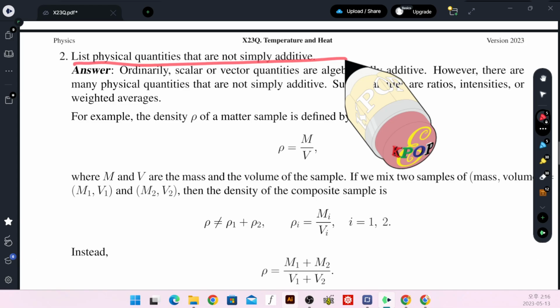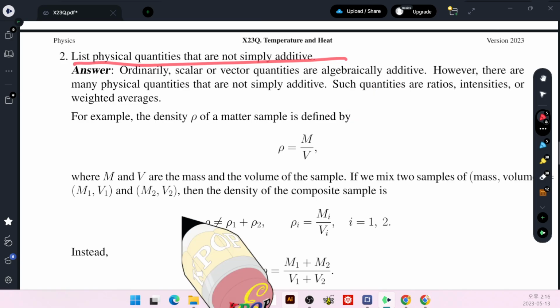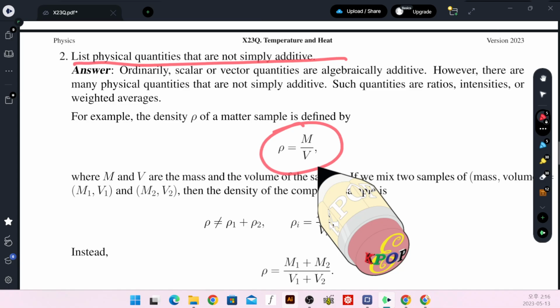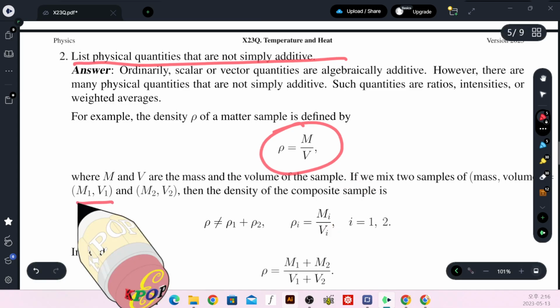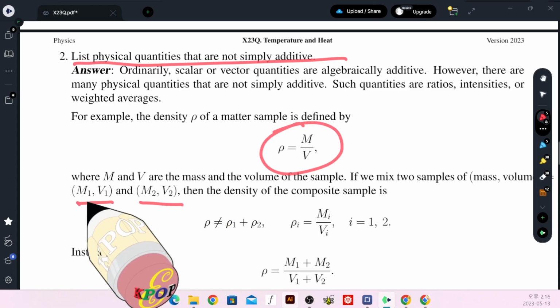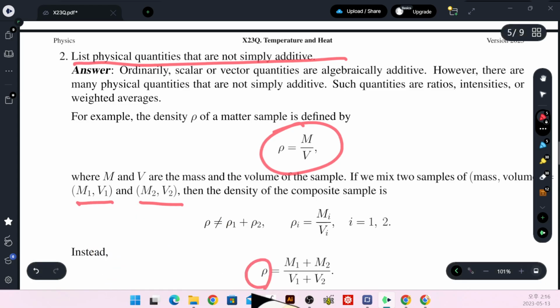Okay, why don't we mix two materials with different densities? So we have the definition of density rho, mass over volume. We mix up two matter, and the final density is nothing but the sum of masses divided by sum of volumes.